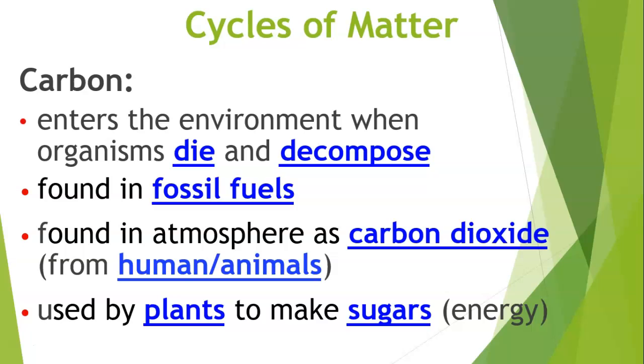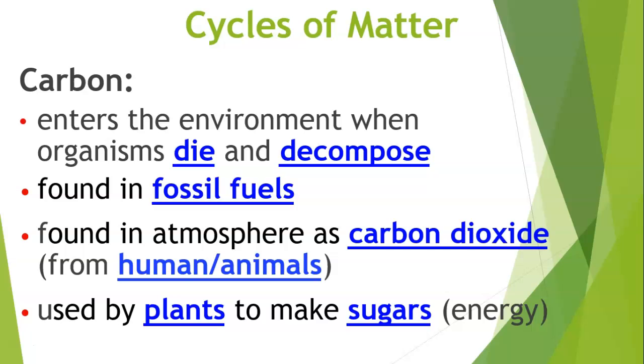It's not good for us, and so we release that, as humans anyways, and as many animals, by breathing it out. Plants simply release it, as do many bacteria and other single-celled organisms. And then carbon is also used by plants to do photosynthesis, and we talked about this a few minutes ago.